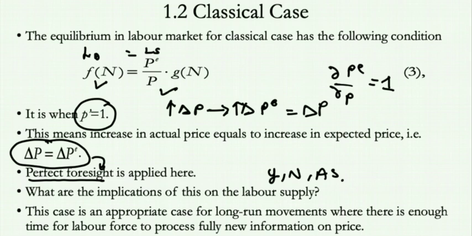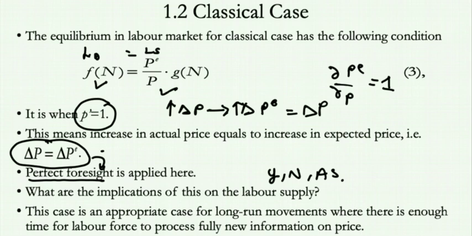Now, when we talk about perfect foresight, as I said earlier, when there is a change in actual price, the labor will correctly adapt and change their expectation towards price. So the change in actual price is equal to the change in price expectation. Now this can only happen if you have enough information, and enough information can only happen if you have enough time to gather all of these. So this case is an appropriate case for long run movement, okay? Because you have enough time for the labor force to fully process new information on the price.